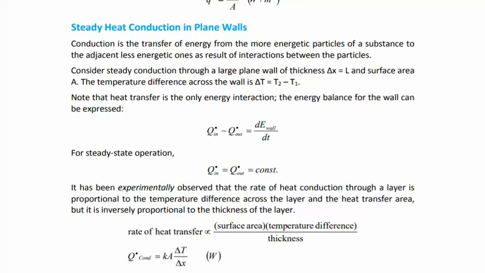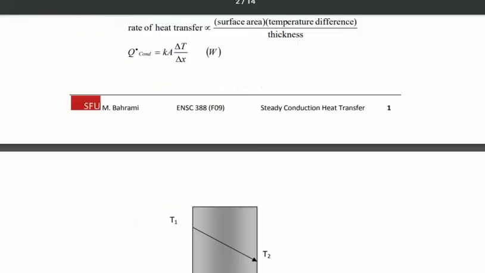That is, Q conduction is equal to K A delta T by delta X, where K is the proportionality constant, delta T is the temperature difference and delta X is the thickness of the wall.